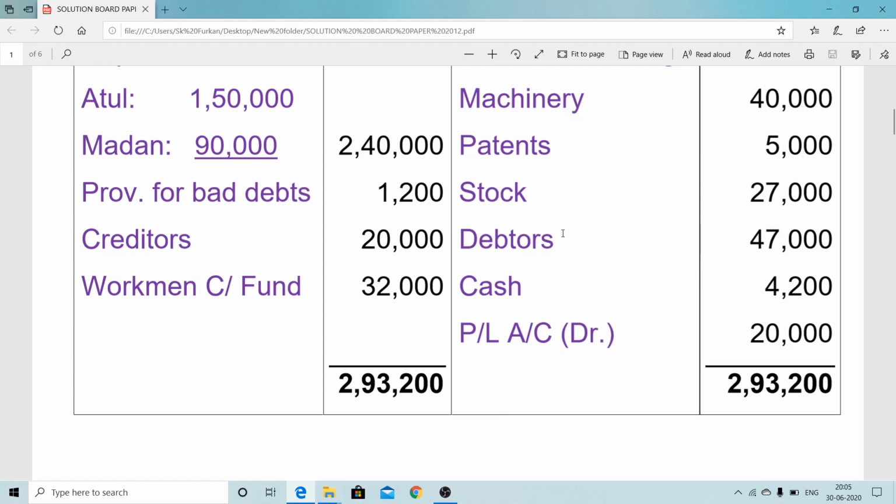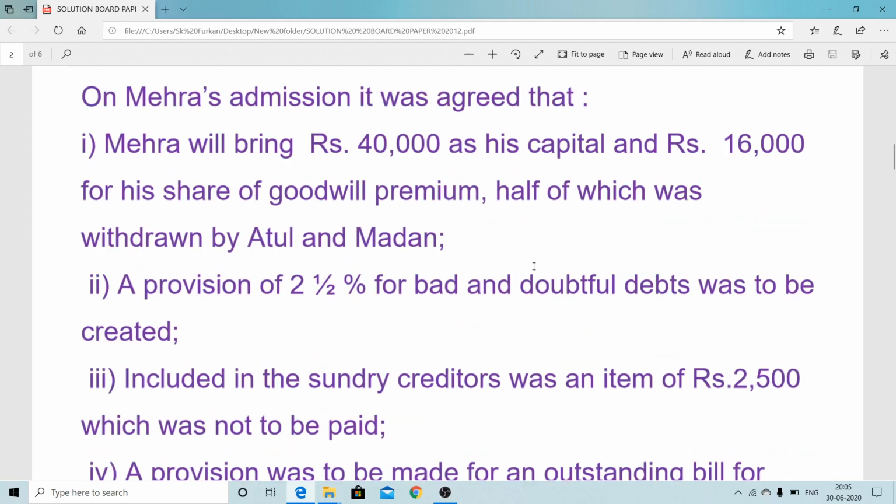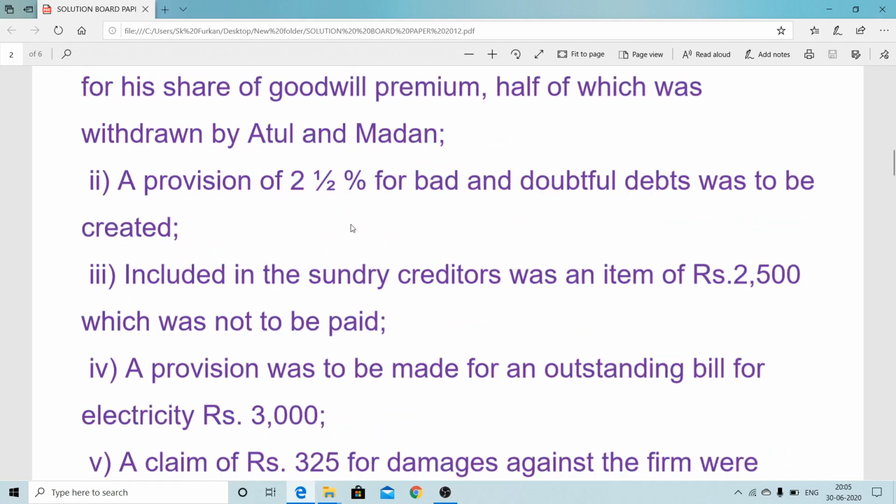So 47,000 thereupon 2.5% comes to 1,175. The calculation will be shown later on. So this is the new provision. When we create the new provision, it comes on the revaluation account: revaluation account debit to provision for doubtful debt account.